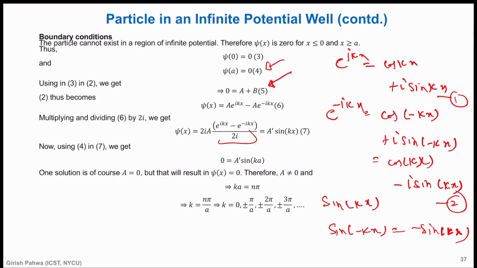No. Eventually you are multiplying the wave function with a negative number, doesn't matter. So you don't have to use the negative set, or you can only use the negative set and discard the positive set, up to you. It's not going to give you a new wave function. If you use both positive and negative, you are double counting. So I'm going to discard all the negative values here.